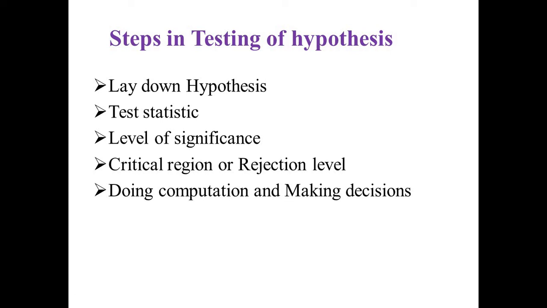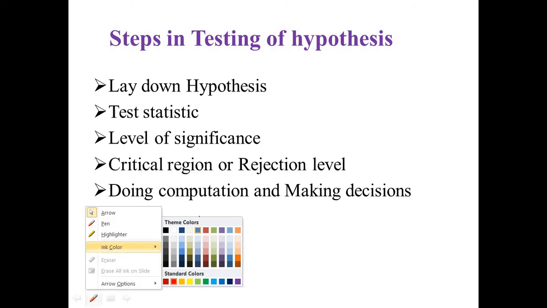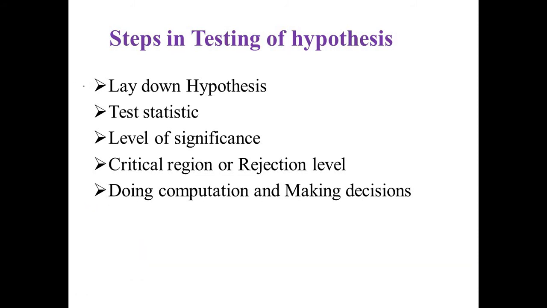So the first important step is to lay down the hypothesis. Whenever we have to solve an example containing a hypothesis, it is necessary to lay down a specific hypothesis. That is the first step.